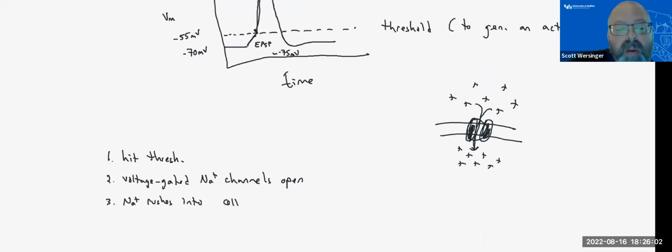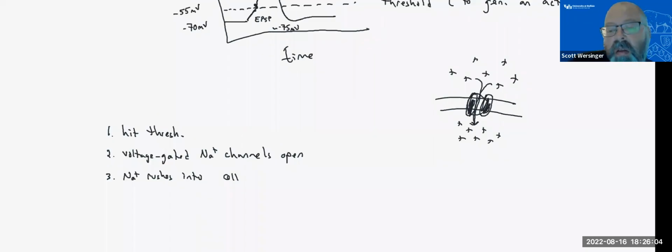Now, how long will sodium flow into the cell? It'll flow in until it reaches equilibrium, meaning the concentration inside and outside are equal, or until those channels close. When the sodium rushes into the cell, that's going to give me a depolarization.